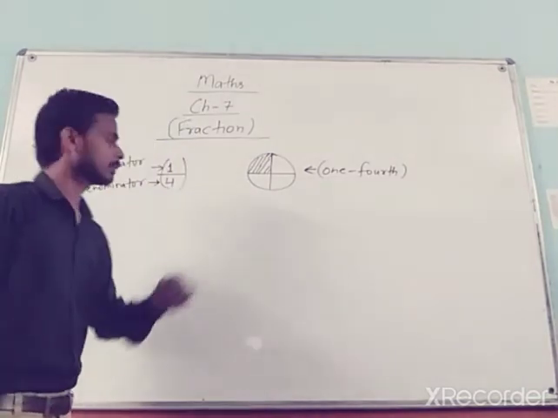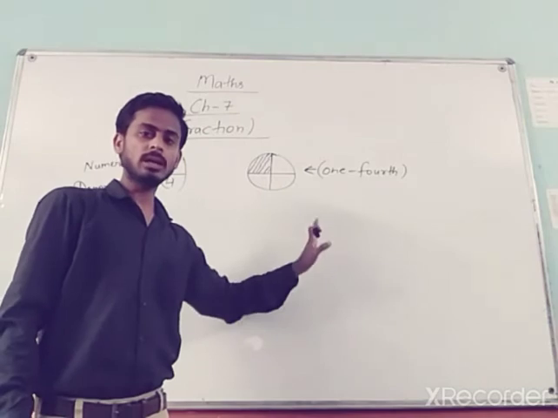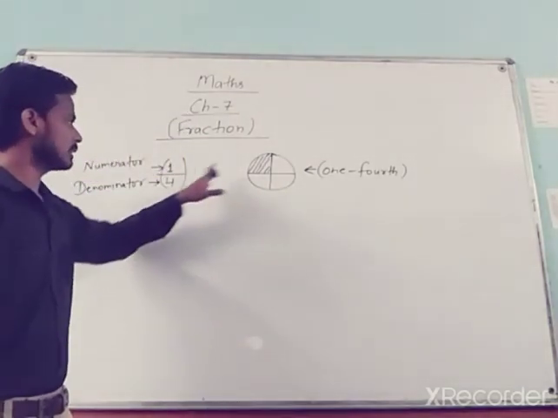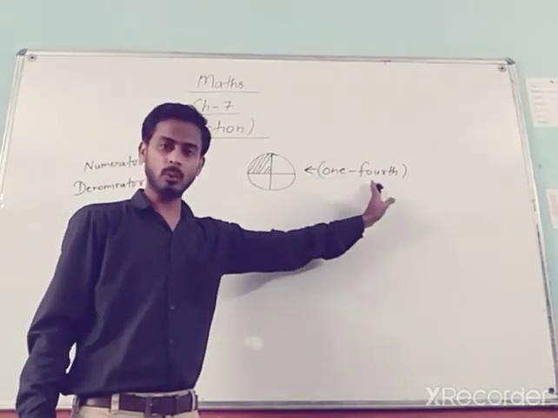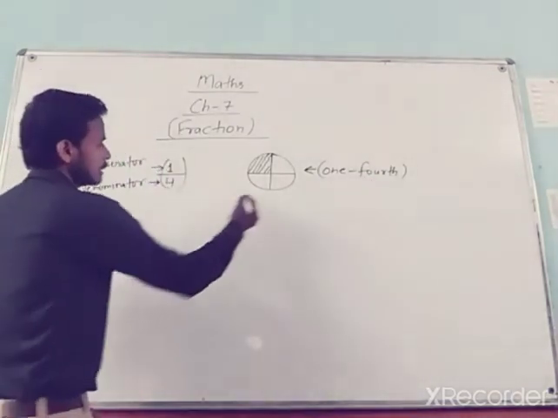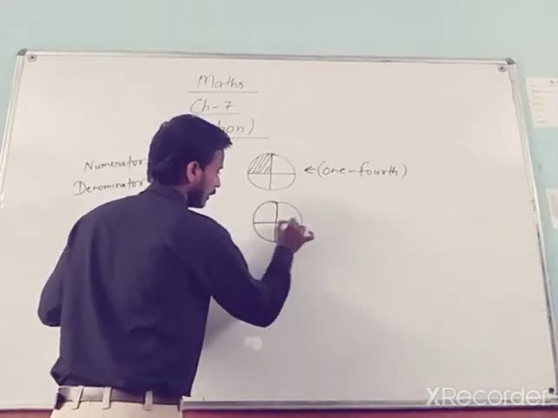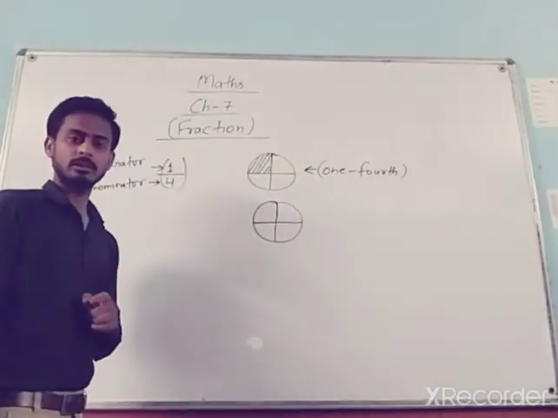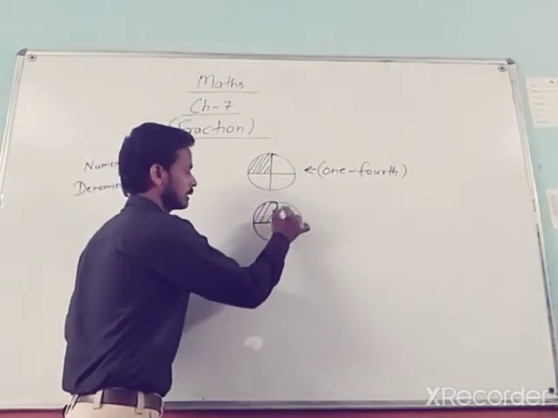Clear? 1 by 4, 1/4. Both are the same. In fraction, we will say it is 1 by 4, and in words it is 1/4. Clear? Now, suppose again I divided into 4 parts. This time I am going to take 2 parts from it.